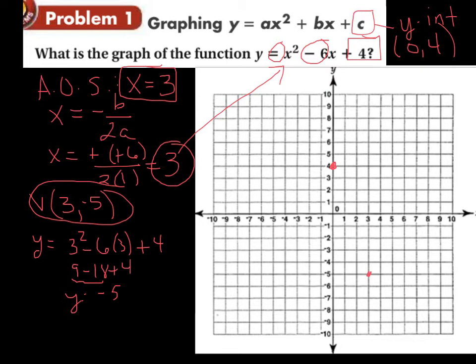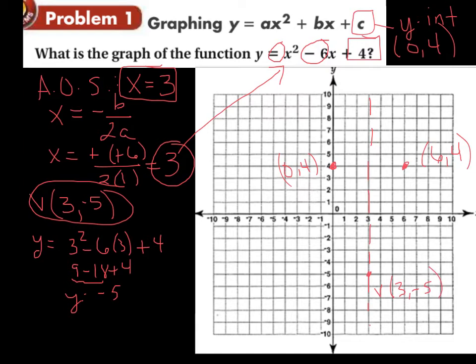Using our axis of symmetry, we know that x equals 3 is the line of our axis of symmetry. So this point 0, 4 is 3 units to the left, which means we will also have a point 3 units to the right. So we would also have this point out here at 6, 4. And here is our vertex down here at 3, negative 5.